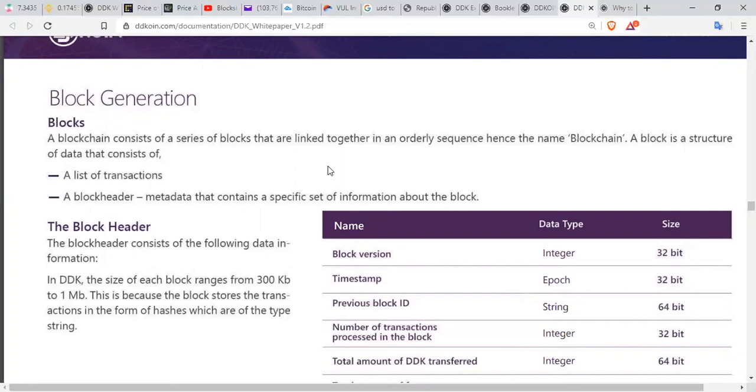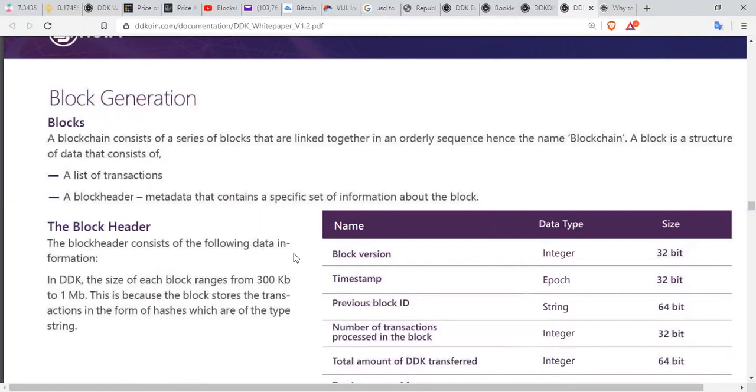So a block is a structure of data that consists of 1, a list of transactions, and 2, a block header or metadata that contains a specific set of information about the block. So, alam natin na si blockchain is a ledger of all the transactions that have been done inside the blockchain. Dito pinaliwanag din yung block header.